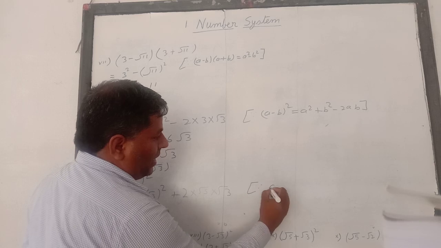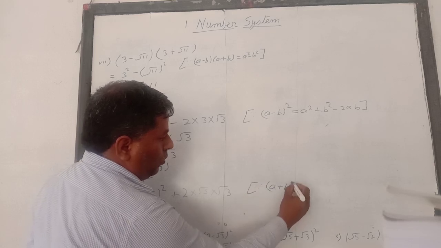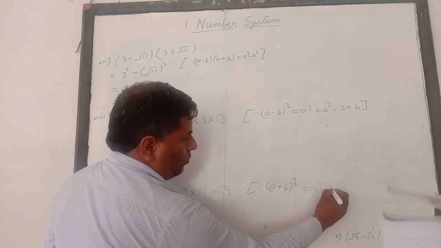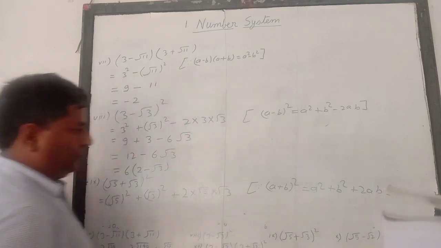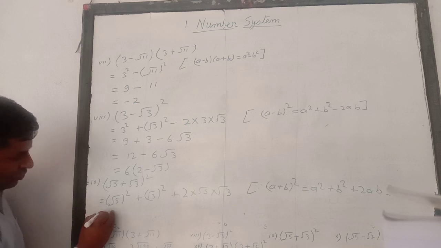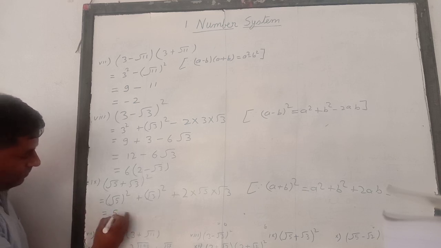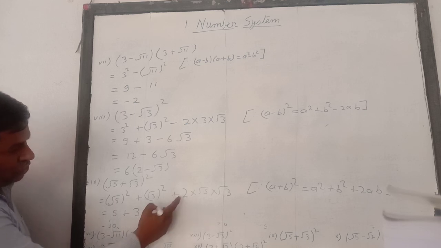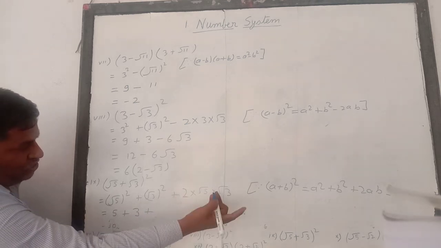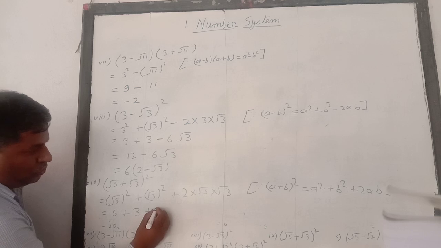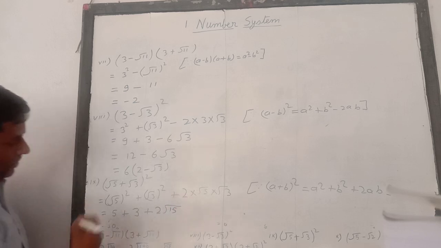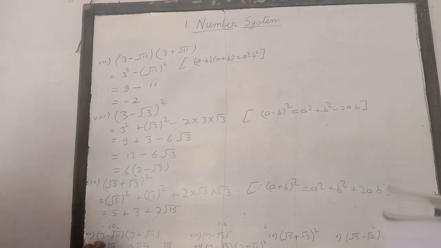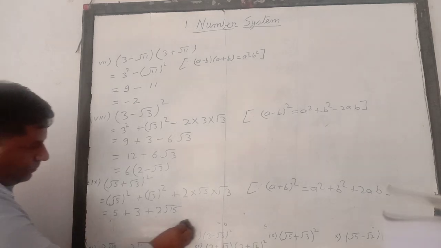I have used (a plus b) whole squared is equal to a squared plus b squared plus 2ab. So now what will the result be? Root 5 squared is 5, root 3 squared is 3, plus 2 into root 5 into root 3. So it will be 2 into under root 15. So this is how we can do these types of questions.